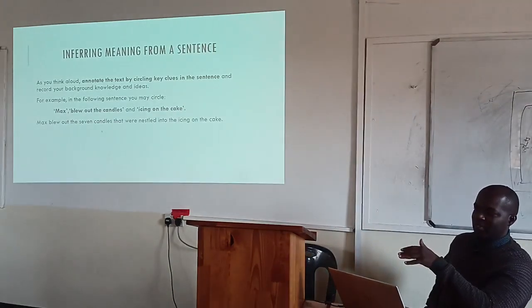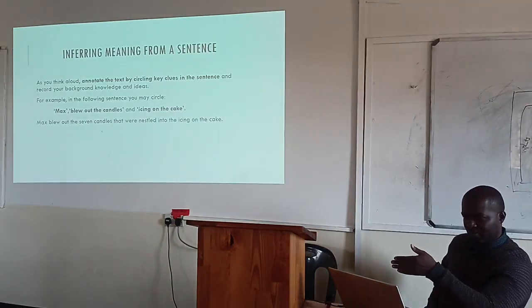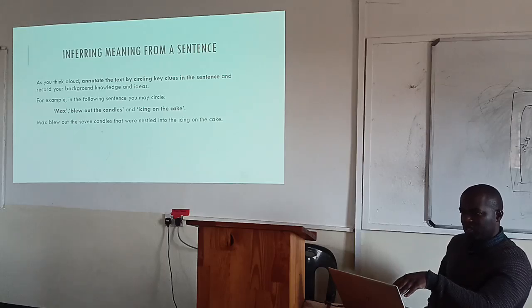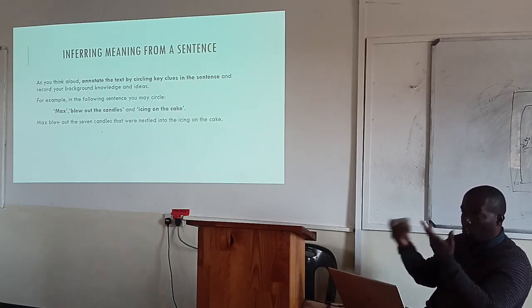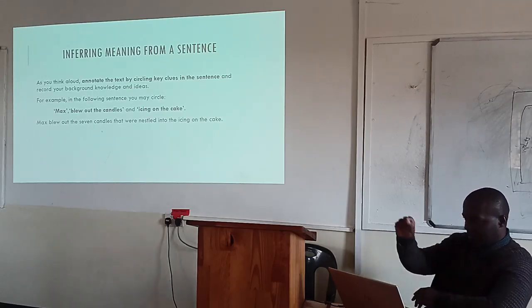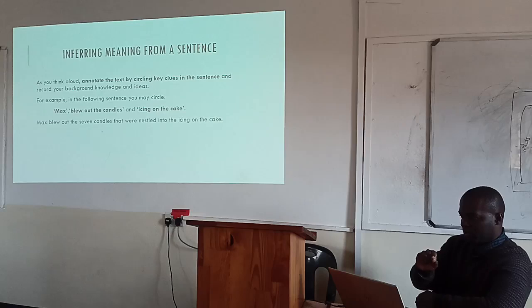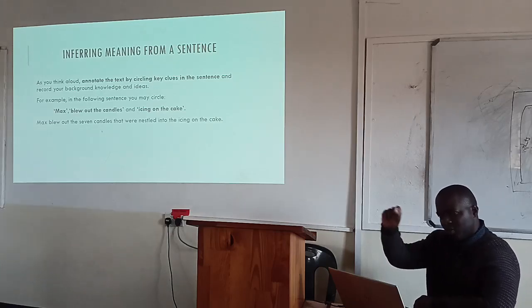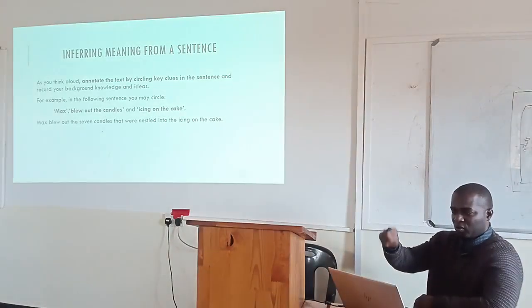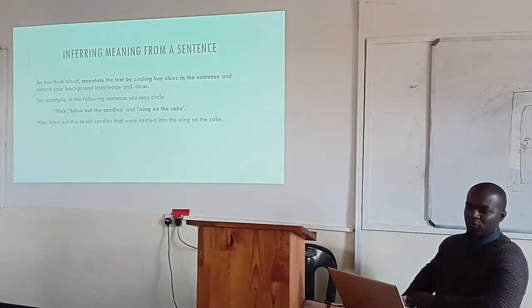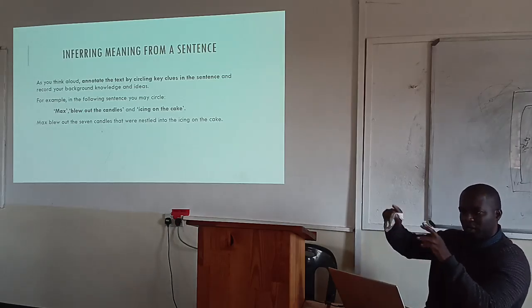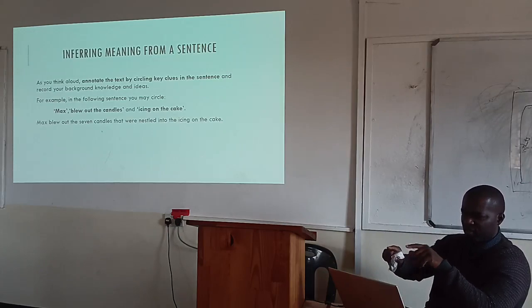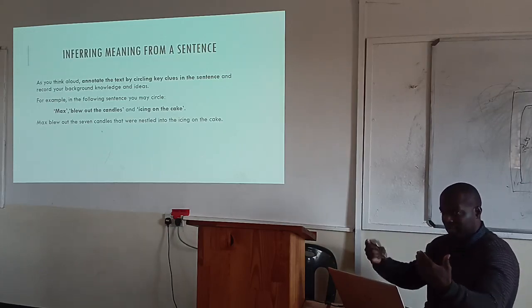So as I said, if the text is yours, it's advisable, as you are reading, where you find an interesting word, to circle that particular word. You go through, you find another word, you make a circle there, right? So when you are done, for you to make an inference, you'll be going through those particular interesting words. You say, okay, these are the key words.